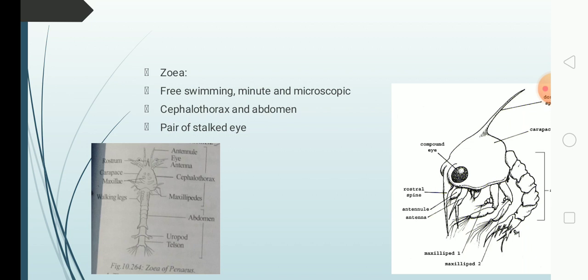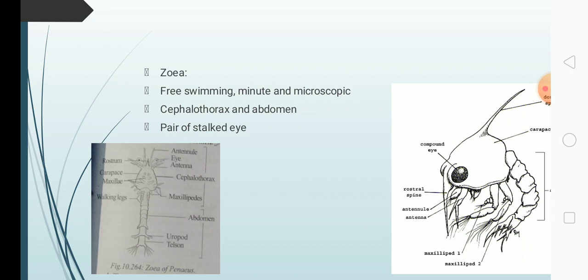So you can see the difference. The zoea of a crab will be having 4 spines, namely a rostrum, a dorsal spine, and 2 lateral spines, whereas the zoea of the penaeus will be having 1 median spine called a rostrum.